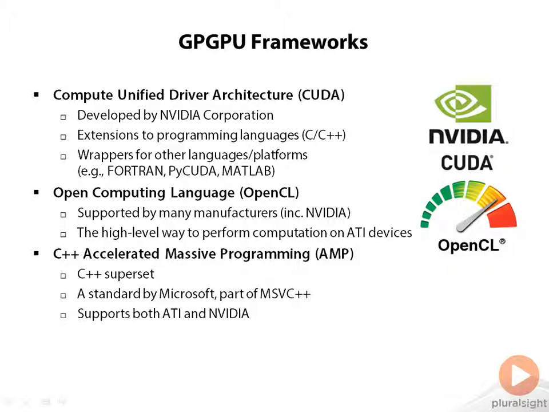And the current state of C++ AMP is that it's an open standard with a reference implementation provided by Microsoft in their latest version of the C++ compiler. And the great thing is that it supports both ATI and NVIDIA cards, as well as the CPU as a reference device. The not so great limitation is that it's currently Windows only, and when it came out it actually only supported debugging on Windows 8, which didn't make many people happy.